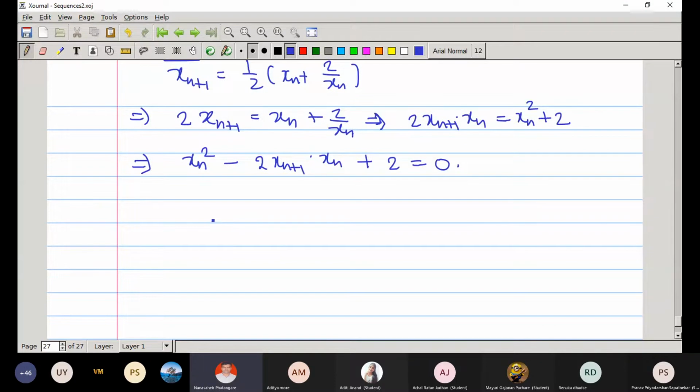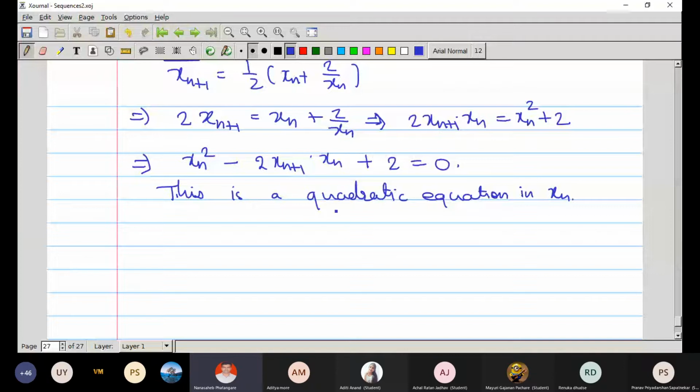Now, what are the xn in this case? Real numbers, right? Basically, xn's are real numbers. xn are terms of the sequence. So this is a quadratic equation in xn, right?